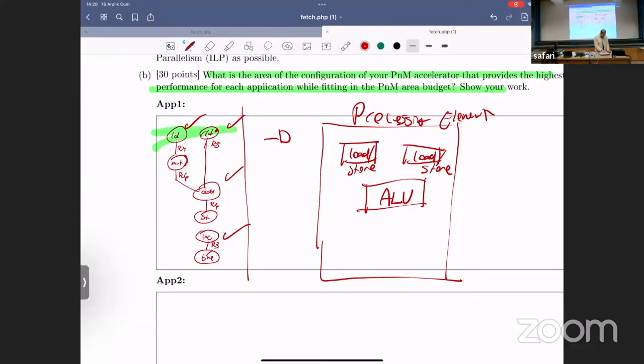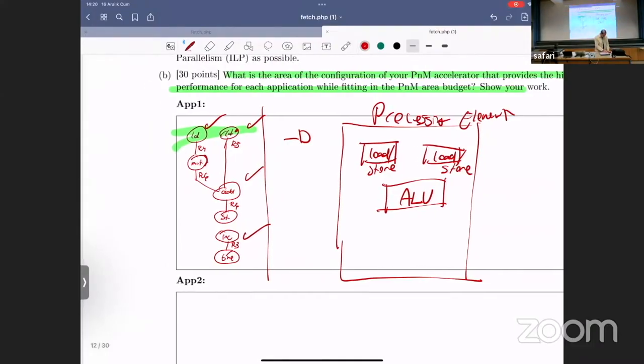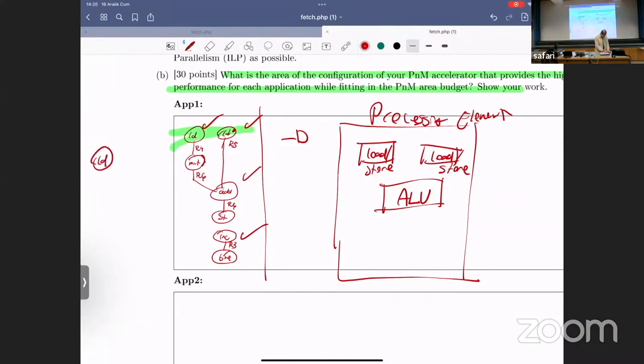Okay, I understood what you're saying. You do a load, then you do the move, and then you do the load again, and then you use only a single load unit. You could do that, but then there is the next question. Since this is a processing-in-memory engine, you want to maximize the bandwidth utilization of your memory device as much as you can.